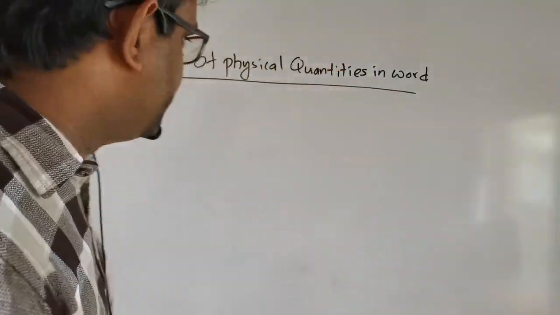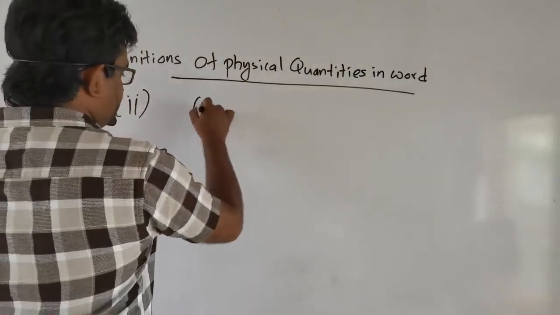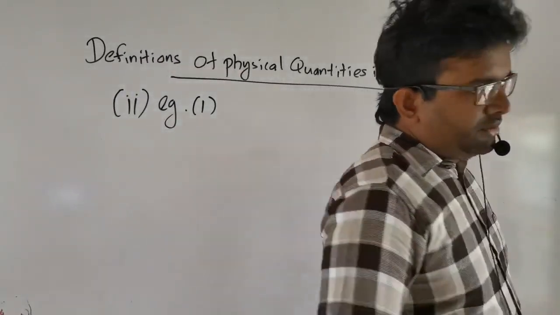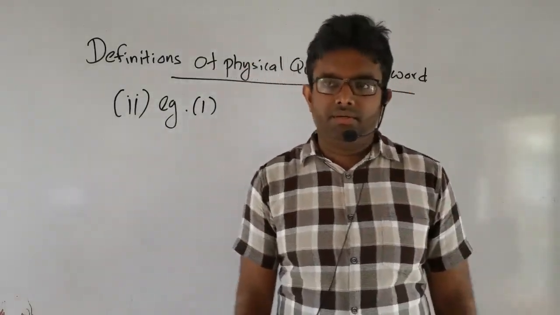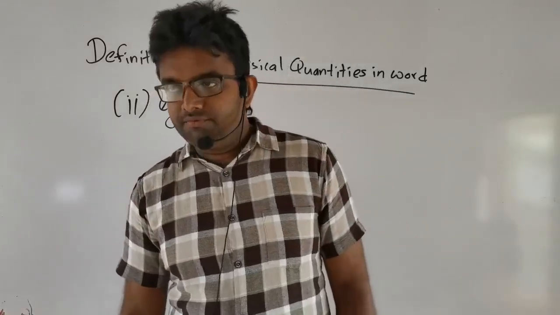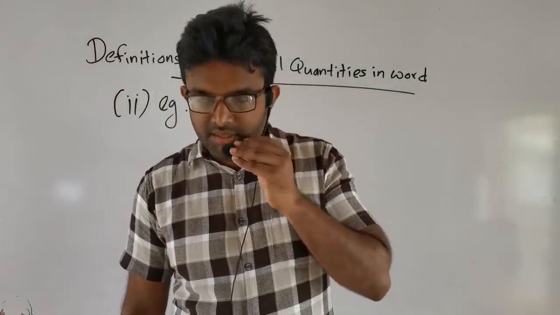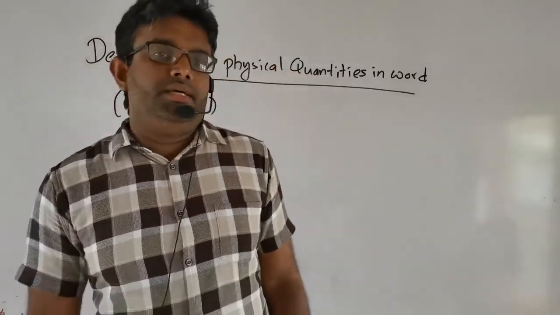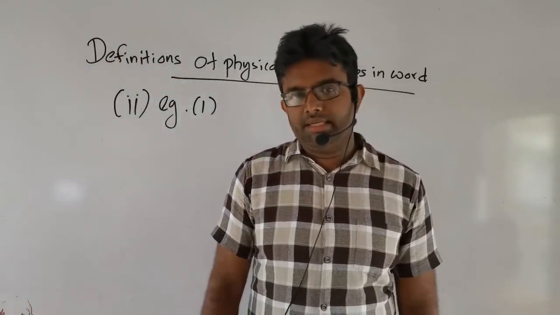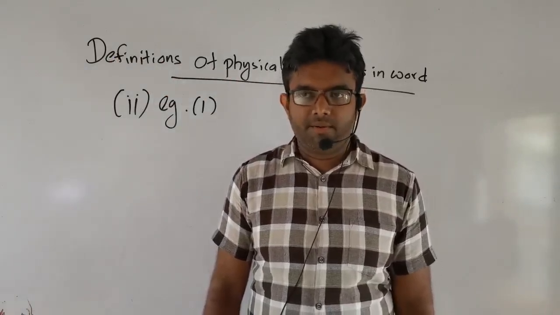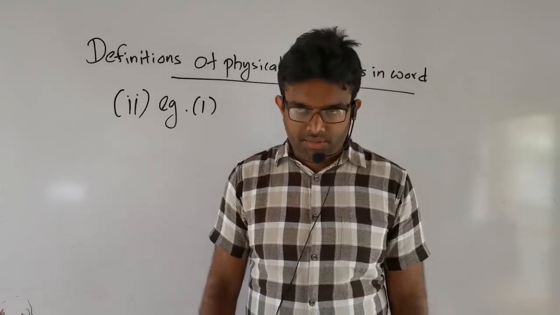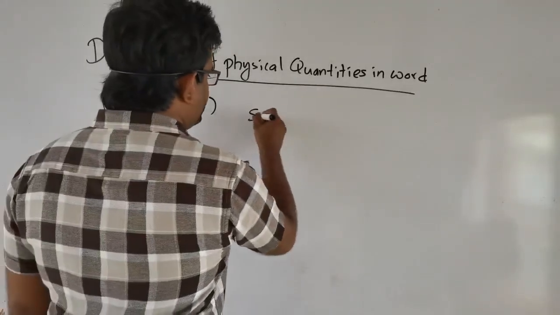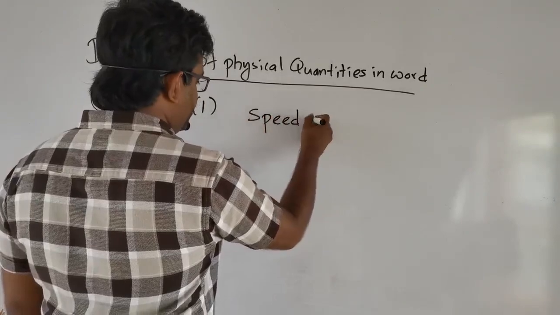The term rate is given, should divide by time. Right. We consider an example. Write down first example. Rate of change of distance is defined as speed. Right. So we use that to define speed.